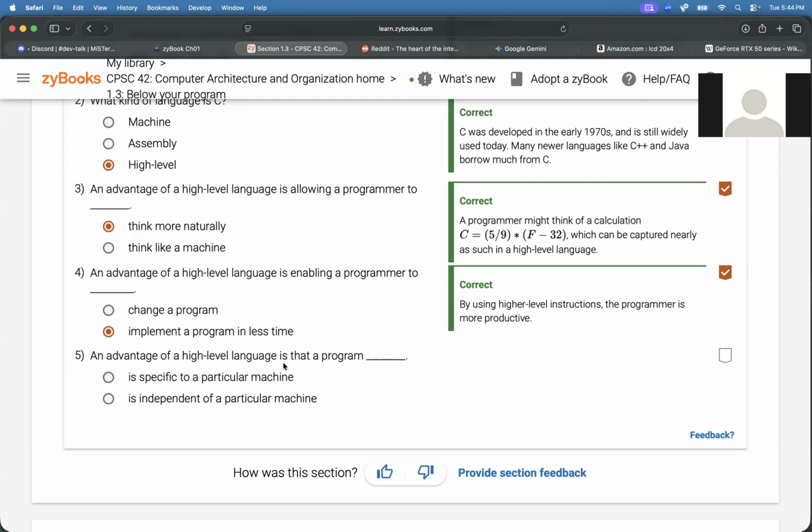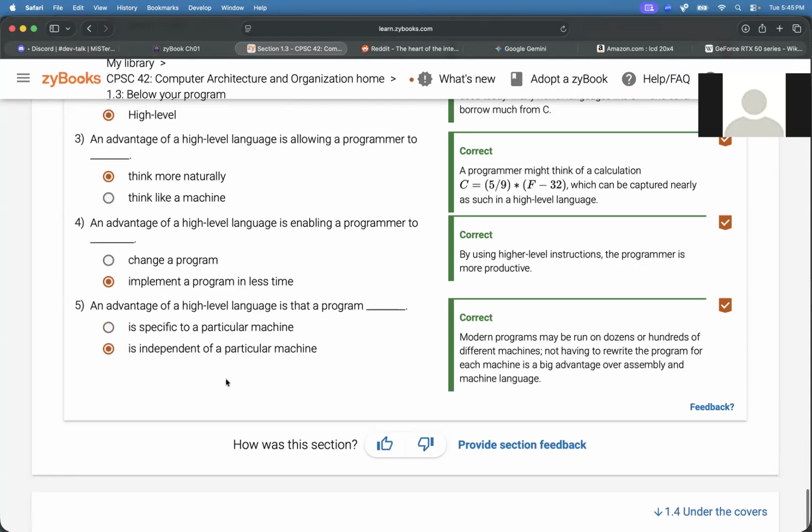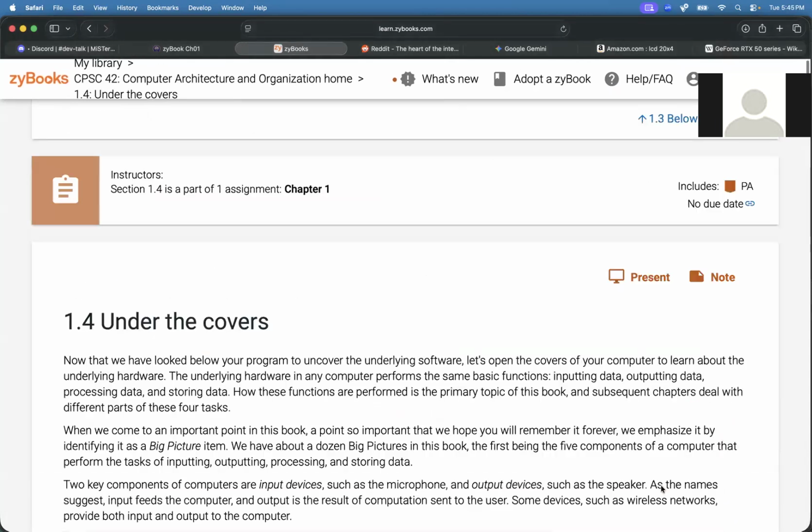Another advantage of a high level language is that the program is independent of the machine. That's true, right? I can write code for my Mac in a high level language, and I can run it on a Windows PC or in Linux. I have to recompile it, but the basic code will be fine. So I can reuse that code.